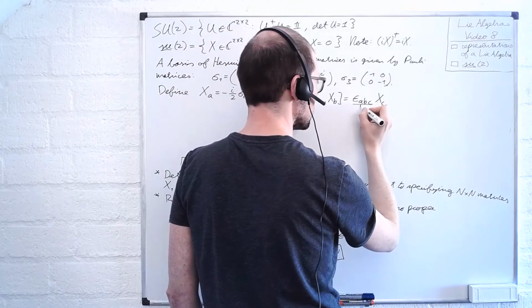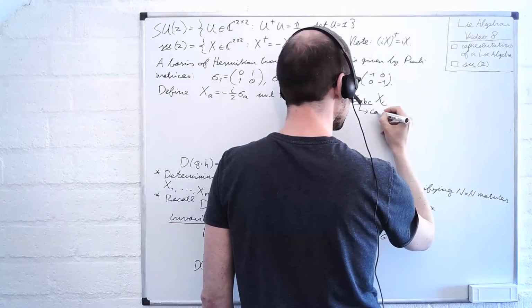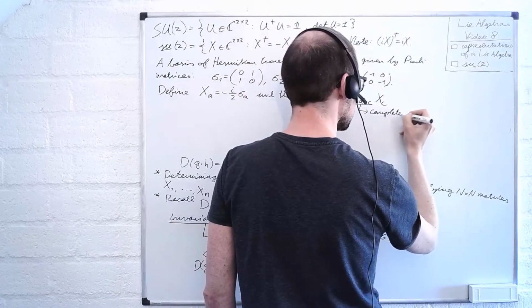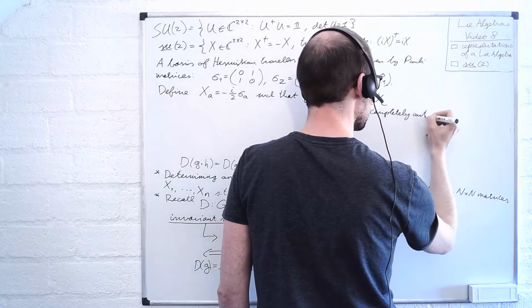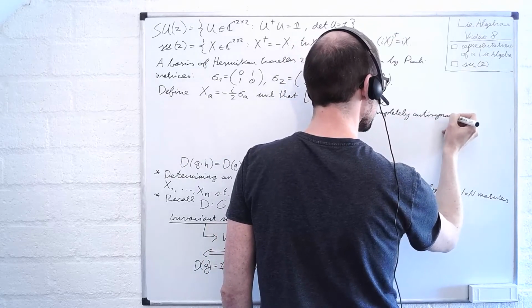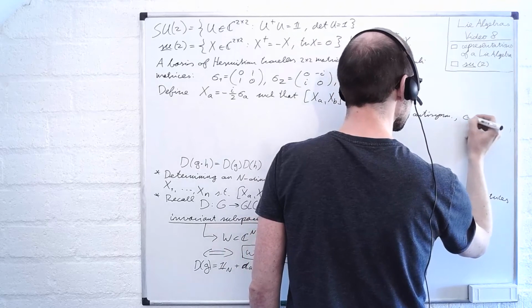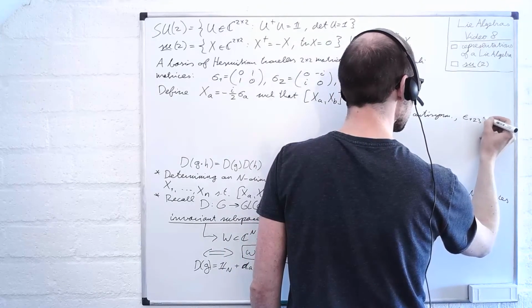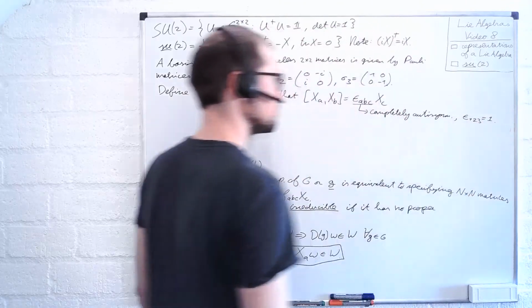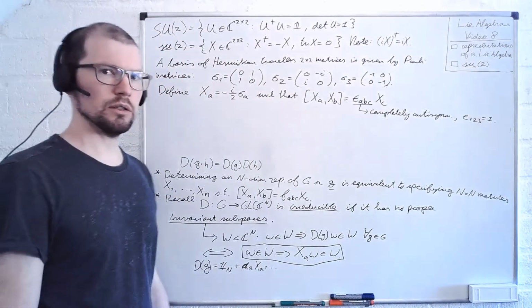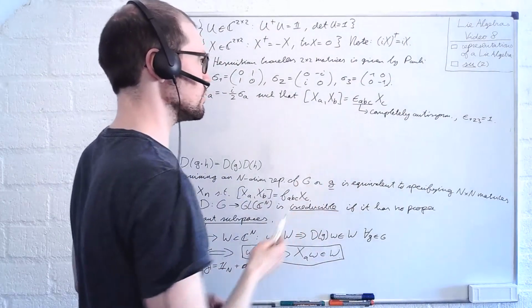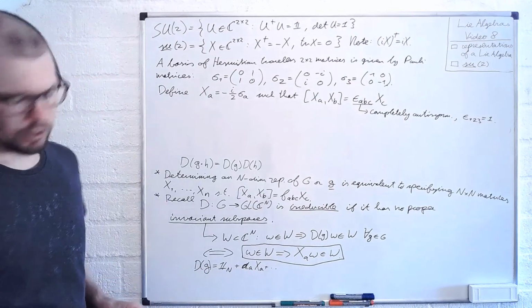So recall, this is completely antisymmetric, and epsilon_123 is equal to 1. That specifies entirely this tensor. Okay?